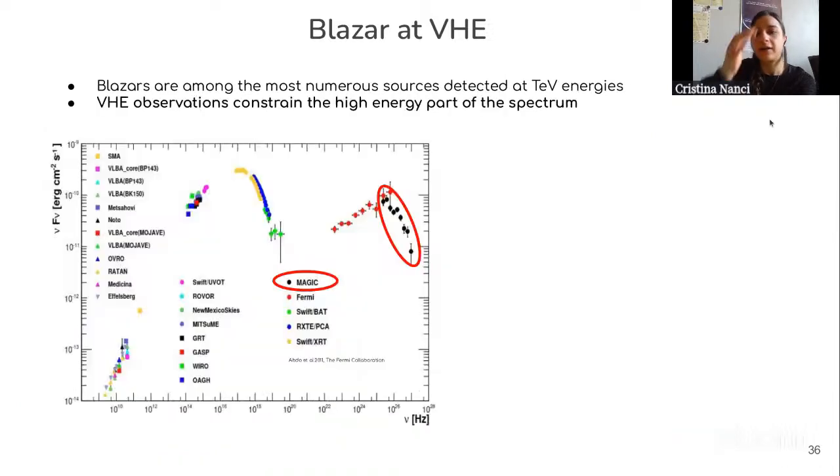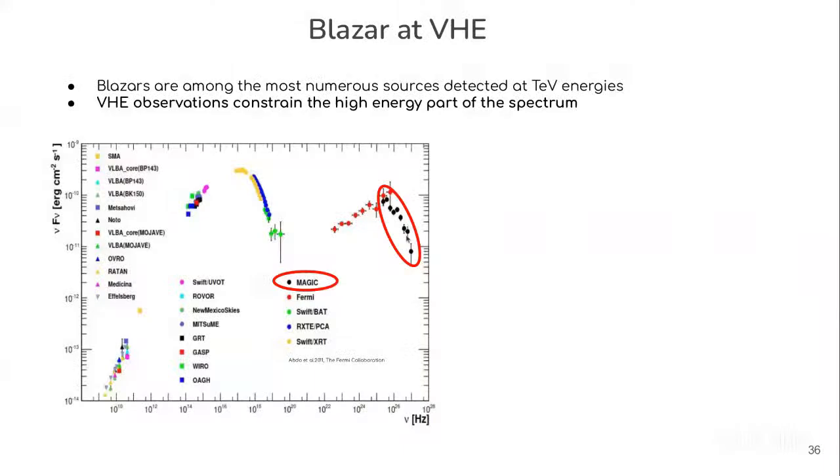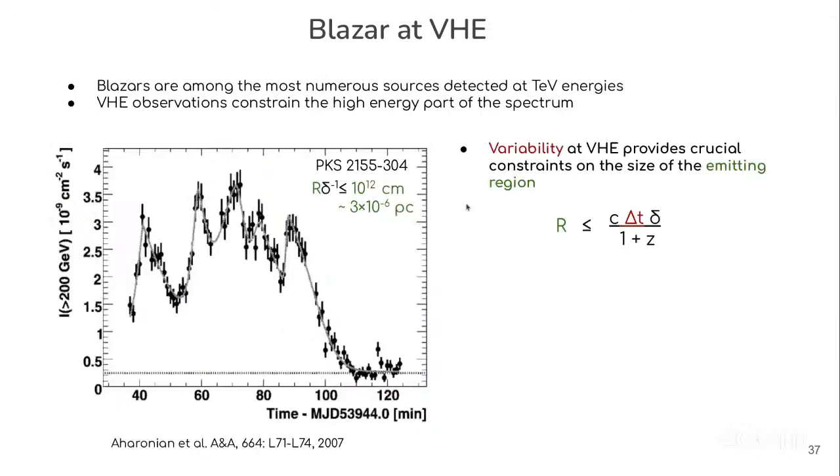We study blazars at very high energy because it allows us to discriminate between different emission mechanisms. We can also study the variability at very high energy, which provides constraints on the size of the emitting region. And the interesting fact is that at very high energy, we can measure very short variability timescales.